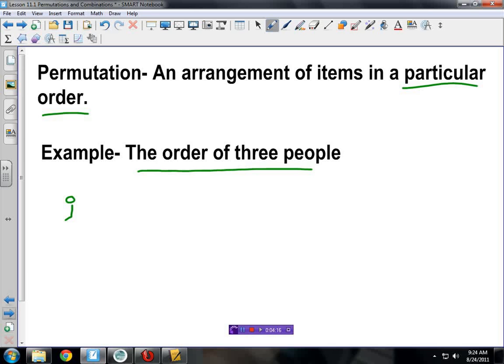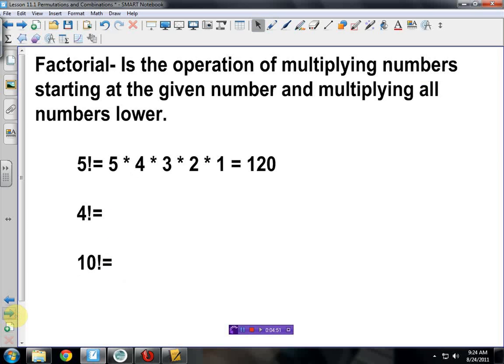So I can have a short, medium, and a tall. That's one order. Another one is I could still have the short person first, followed by the tall, and then the medium, and so on until all the different options are counted out. That's an example of permutation.